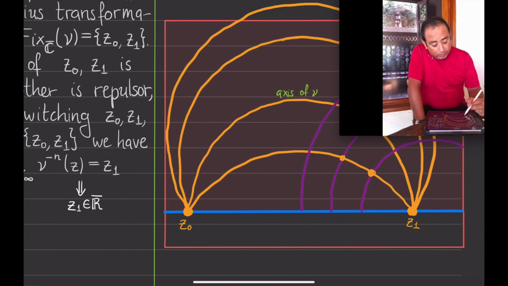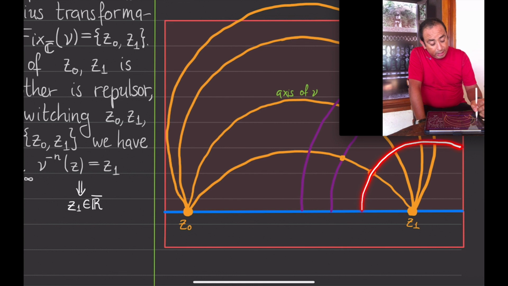In other words, take the shortest curve that passes through this one and is an Apollonius circle for this one, right? Remember that these 2 points determine a family of Apollonius circles in C bar. So this one is part of an Apollonius circle.